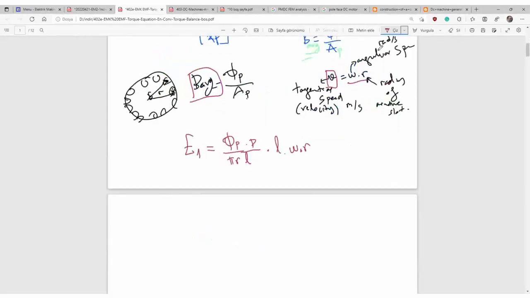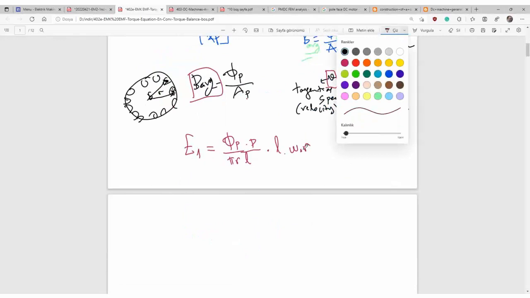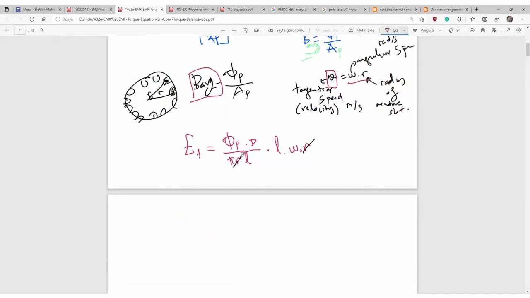And here you see radius will be eliminated, length of the conductor will be eliminated.